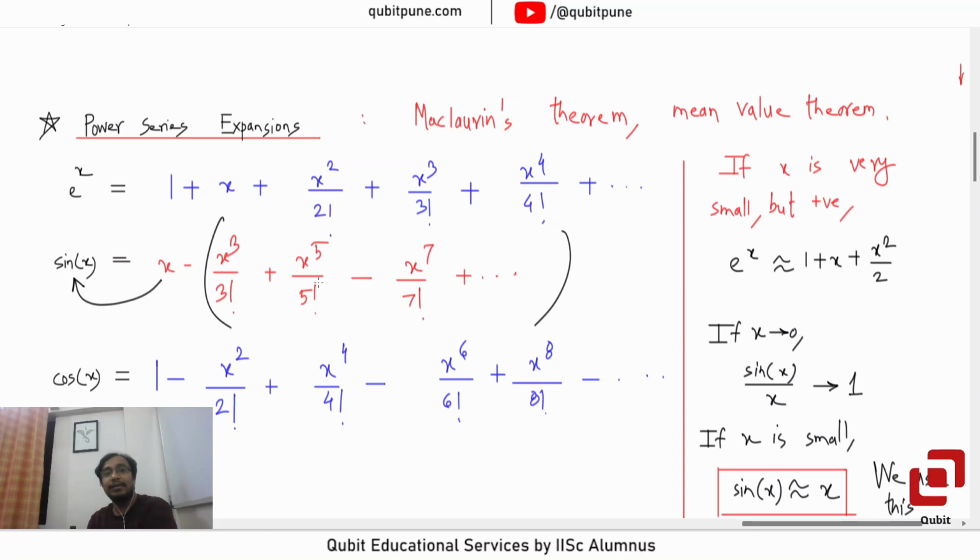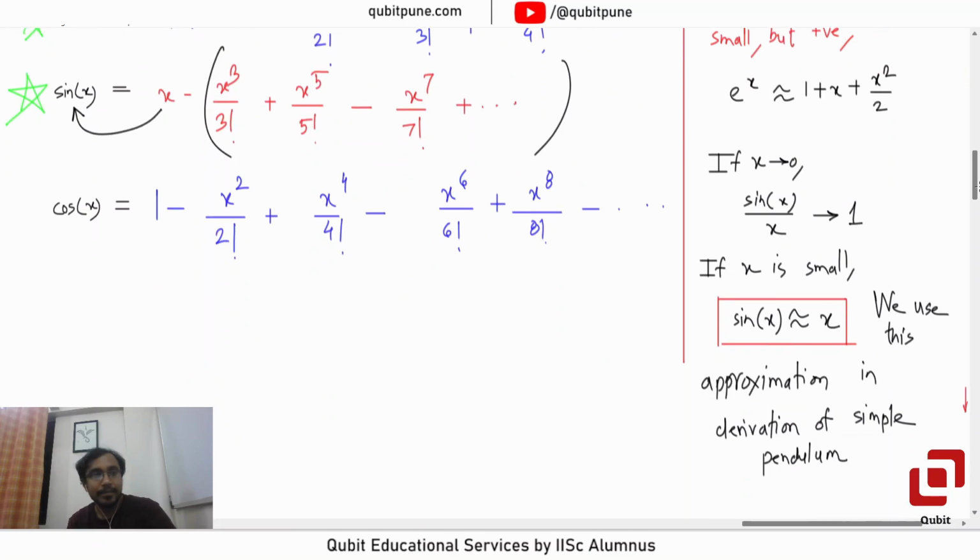The derivative of x raised to 5 upon 5 factorial is 5x raised to 4 upon 5 factorial. The 5 will go, and 4 factorial will remain. So I'm recommending you memorize only the first and the second. The remaining things will automatically fall at the right places. Is that clear? Yes, sir.